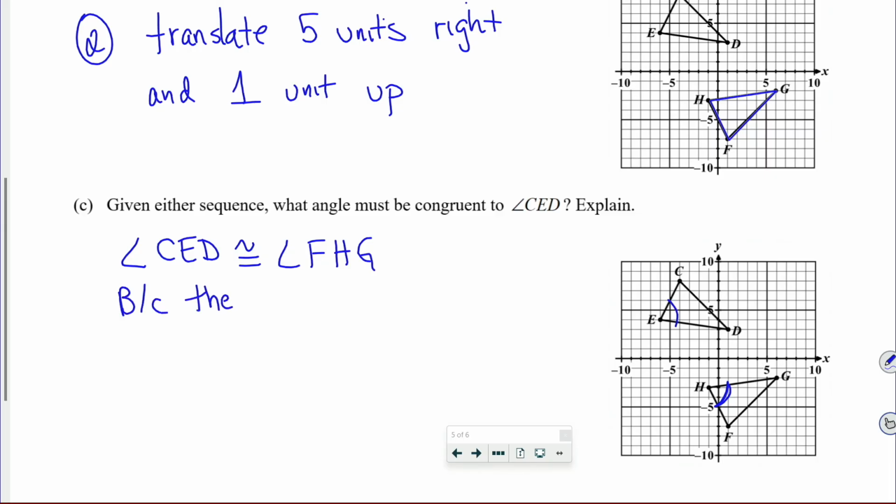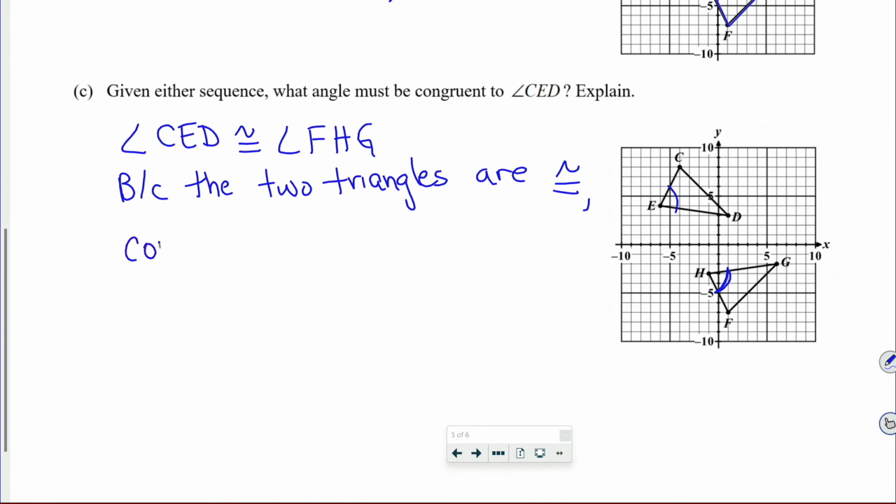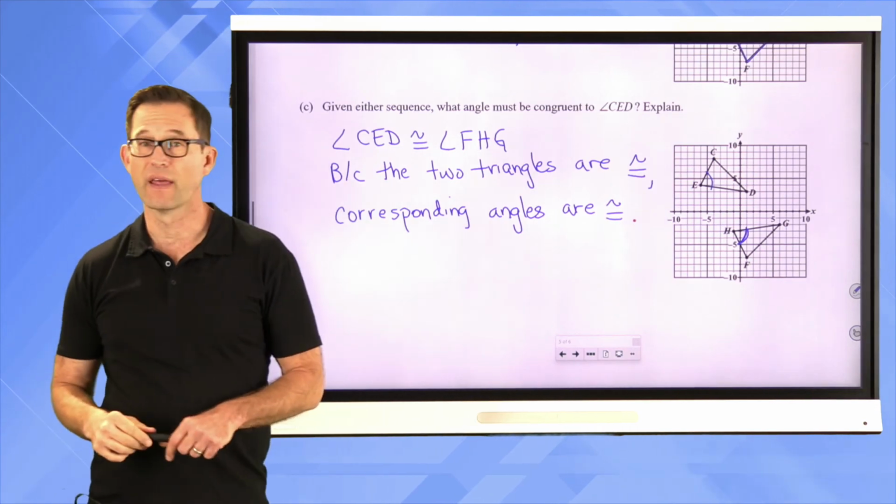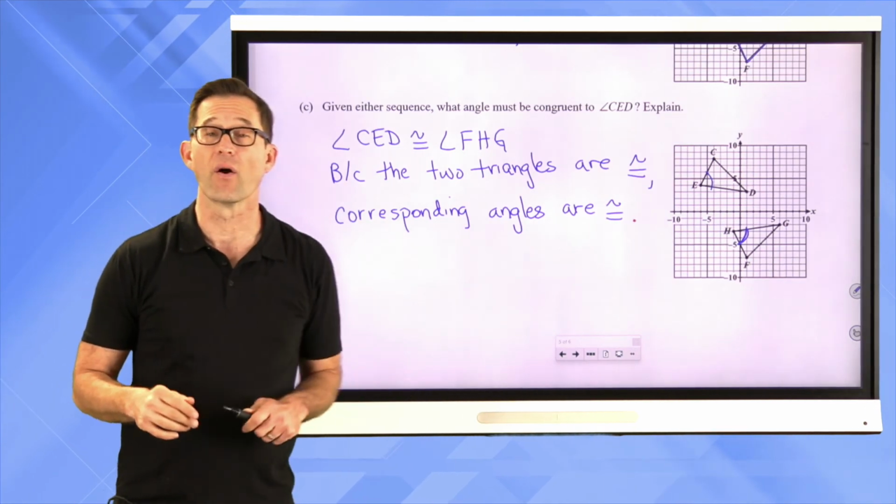Because the two triangles are congruent, and I'm going to just use the symbol for congruent. Because the two triangles are congruent, corresponding angles are congruent. And that's it. And we got a red period to end it all.